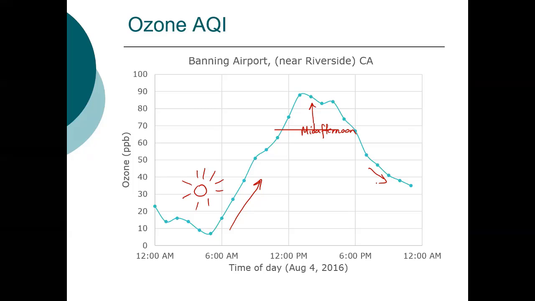And if we just look here, the 8-hour NAAQS air quality standard for ozone is 70 parts per billion. So you can see it's right there.